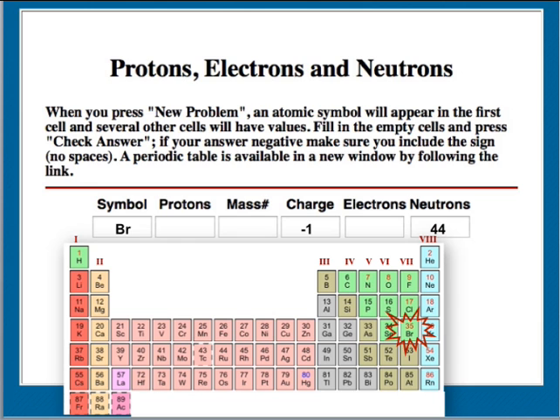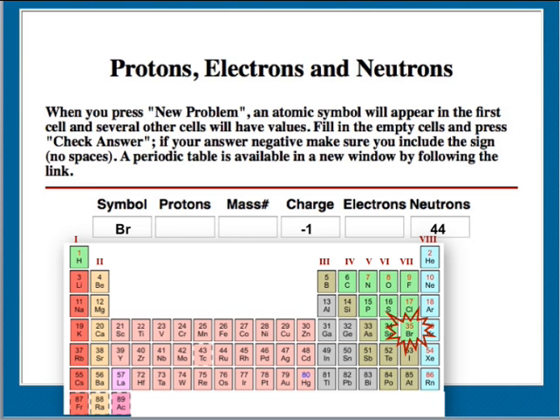All right, so we're at 35 here. So that's 35 protons, right? If we have 44 neutrons, what's our mass? Sure, it's just the sum. And if we're dealing here with a charge of -1, that means we have one extra electron, right?